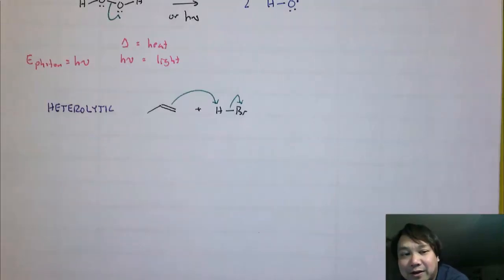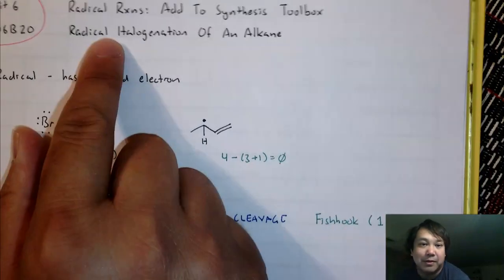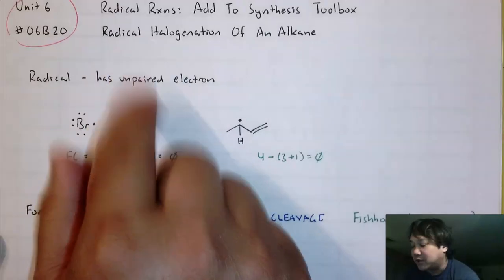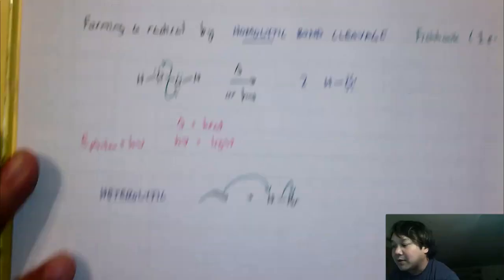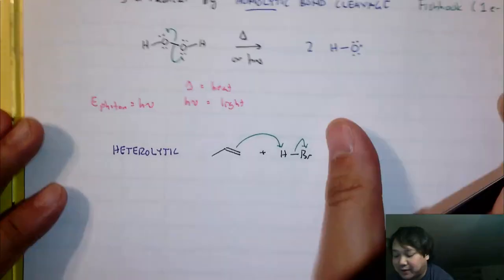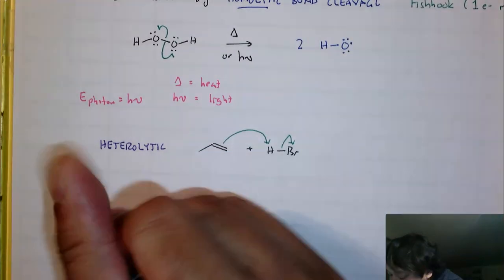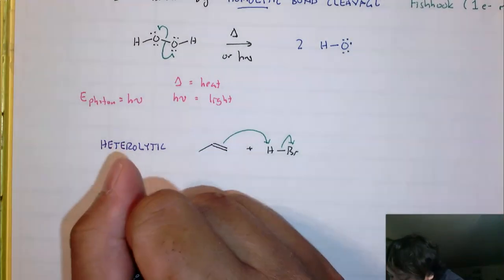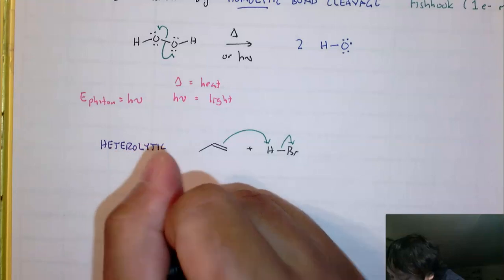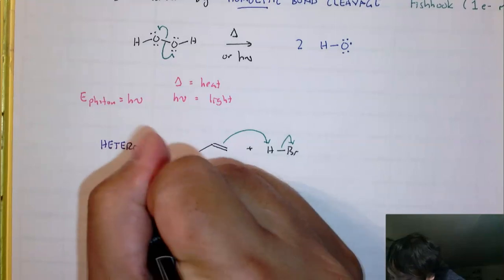We're not quite yet ready to look at our first reaction, which is again going to be named radical halogenation, because I want to briefly talk about radical stability. And we're going to look at a carbon radical. So if I have, I'm going to draw out the carbons and the hydrogens.